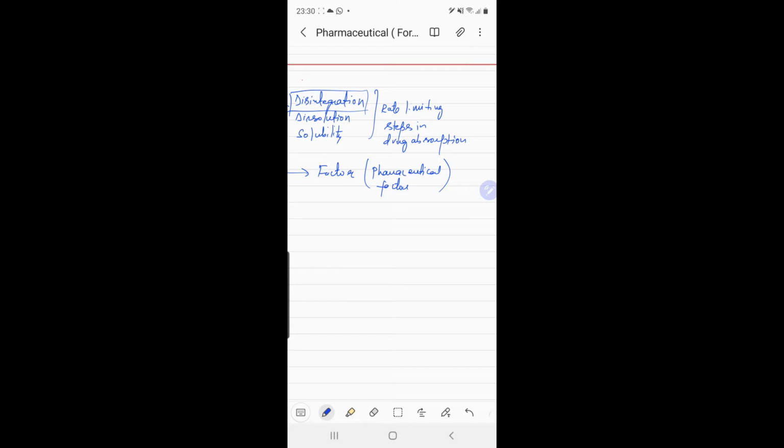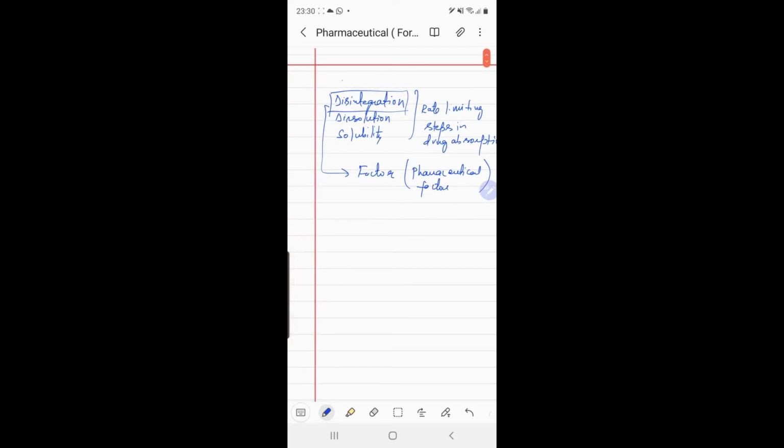So, the excipients which are involved here in the formulation can affect mostly the drug absorption, because if we talk about the tablet, we know that the excipients are of many types. We are using the diluents, the disintegrants. Nowadays, we have materials which are disintegrants as well as diluents.